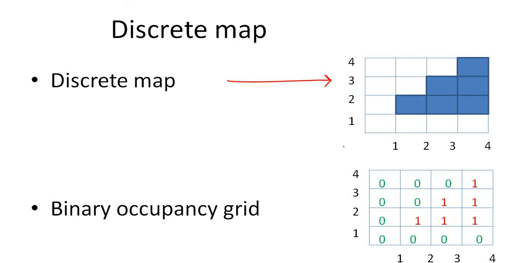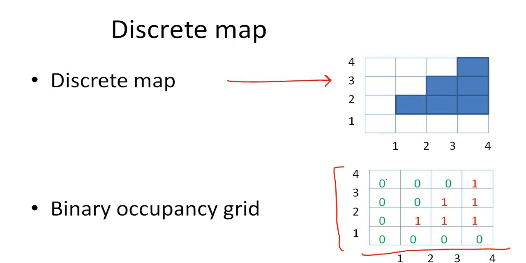These kinds of maps are also called binary occupancy grids, because they have a grid-like structure. And these discrete maps are useful because they can be used in digital computers and microcontrollers, because they resemble matrices. A matrix has some columns and some rows, and we can perform matrix operations on these discrete digital maps.